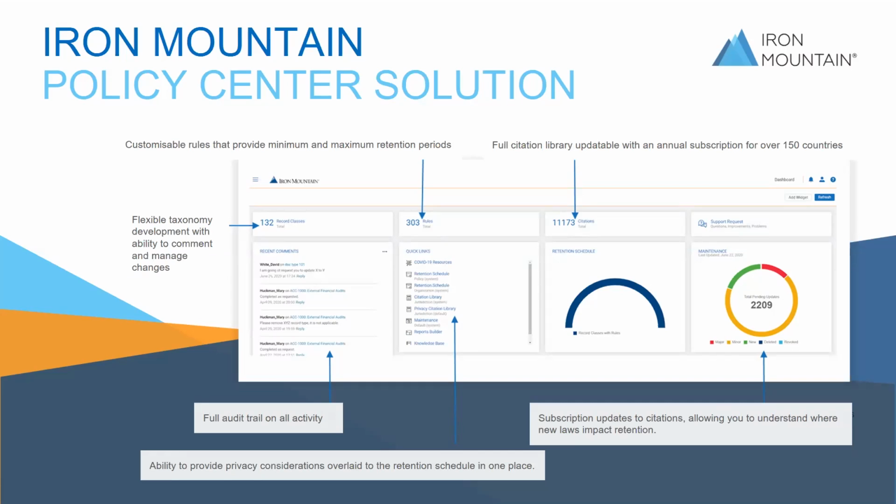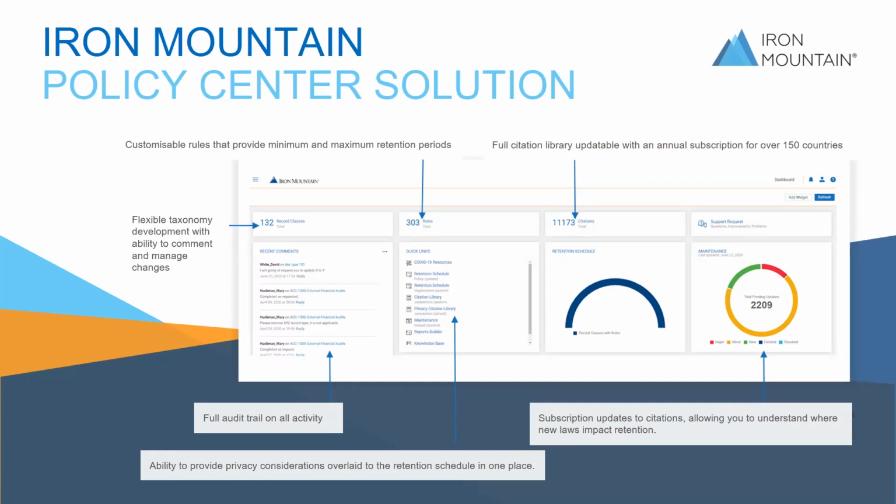Policy Center allows you to upload your existing record classification or create a new multi-level taxonomy of record categories, which can be used as is or updated for you. Or if you don't have a schedule in place today, we can help create a new retention schedule that's appropriate for your industry.